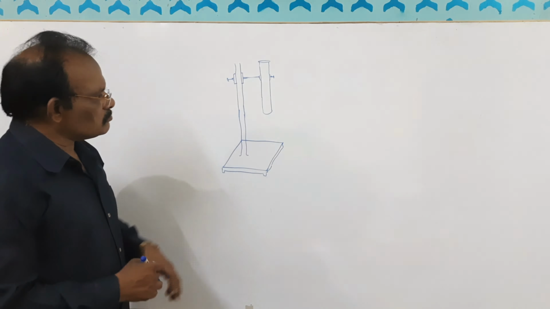Here we have poured some dilute sulfuric acid. Then we have a cork. You see, a cork looks like this. Make a hole in the cork. Take a beaker, I'm drawing a beaker, and put soapy water in it.